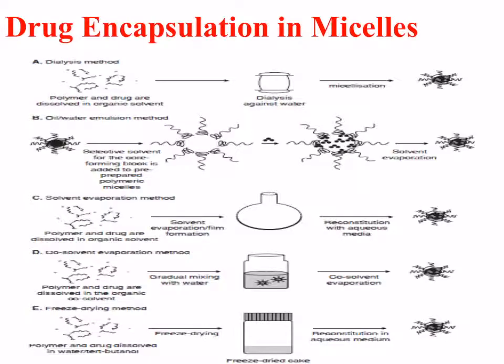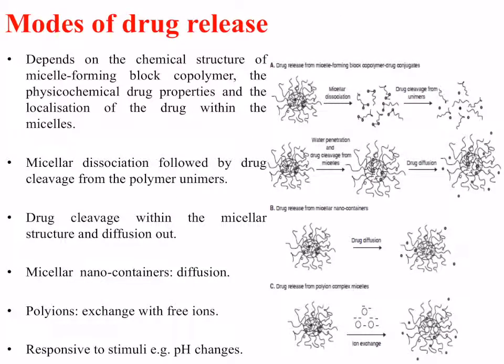The oil-water emulsion method involves basically allowing the molecules to rearrange around the drug and then evaporating off the solvent. Other methods include freeze drying and co-solvent evaporation as well.